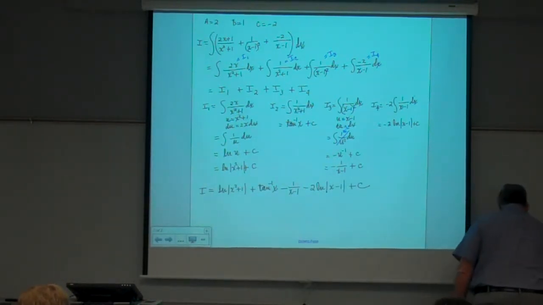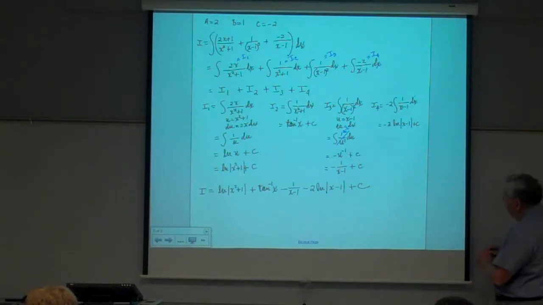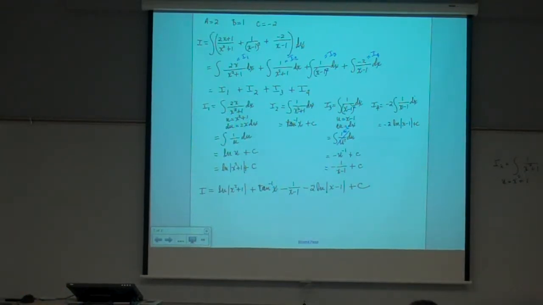Well, watch what happens. Let's just do it. I2 is equal to the integral of 1 over x squared plus 1 dx. And you're saying, let's try u equal x squared plus 1. Can't get rid of that 2x. The derivative still has an x in it. Then du is equal to 2x dx. Okay, that's right.